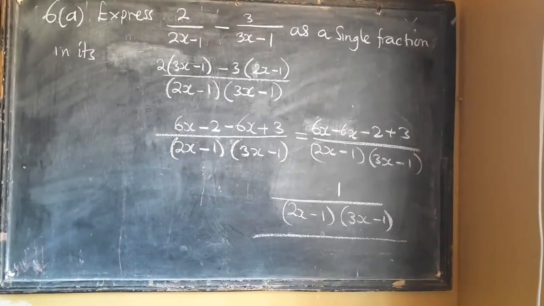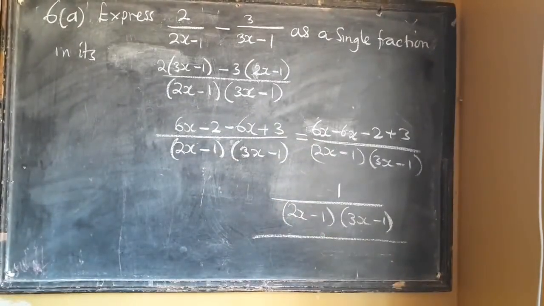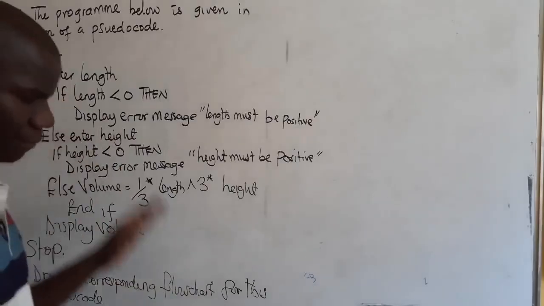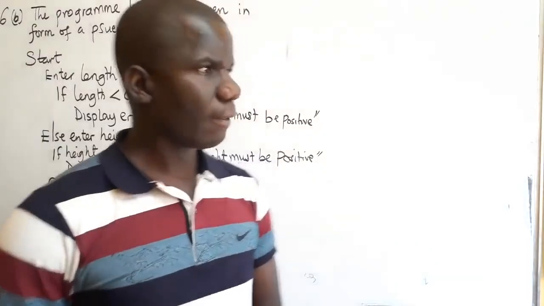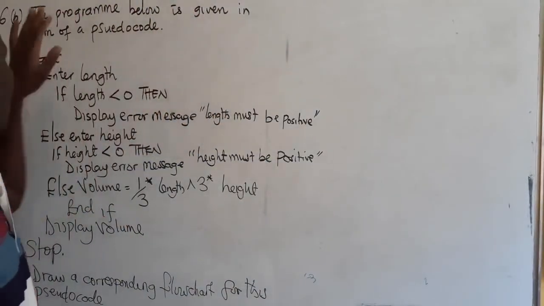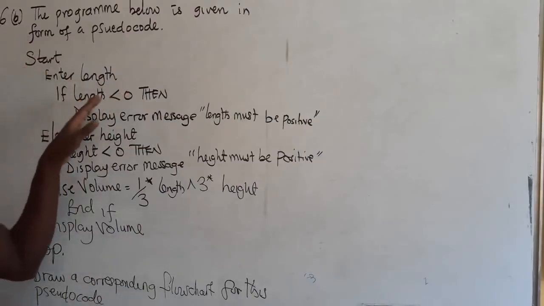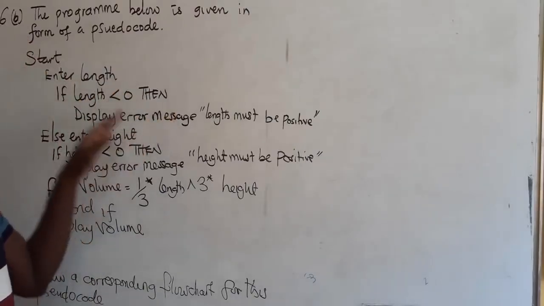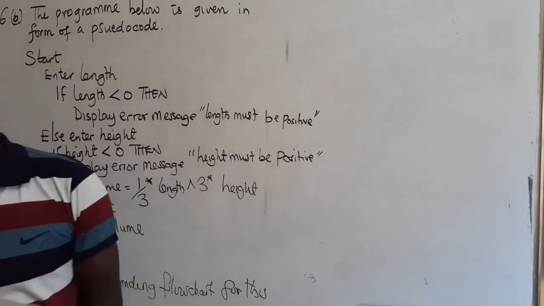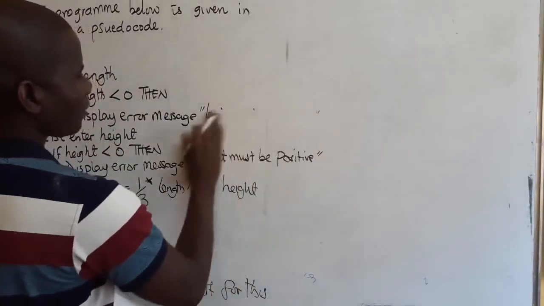So let's look at the other question. Okay? So we have question 6b. It reads: the program below is given in form of a pseudocode. Start, enter length. If length is less than 0, then display error message: length must be positive.